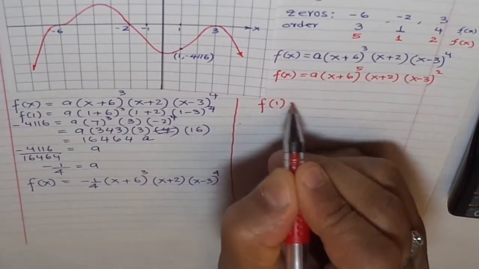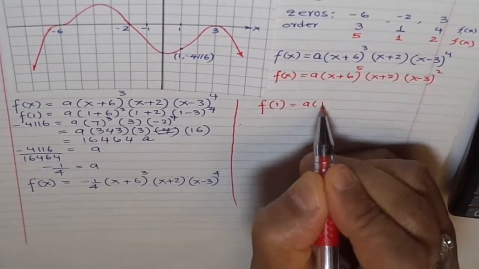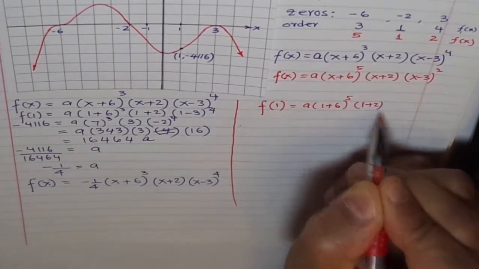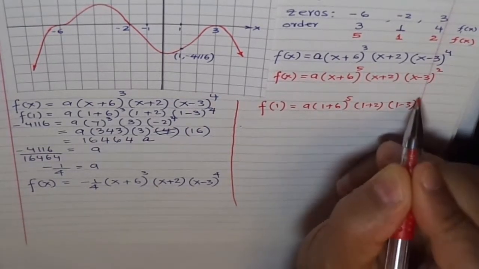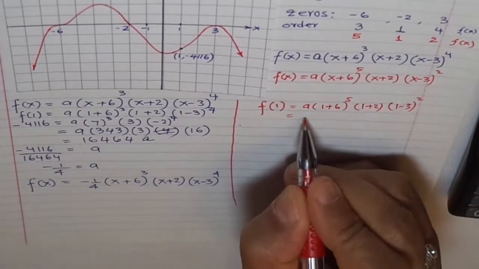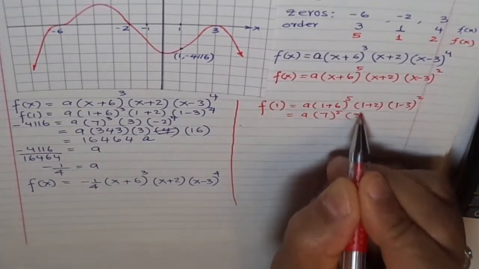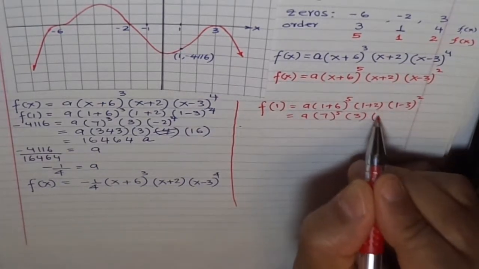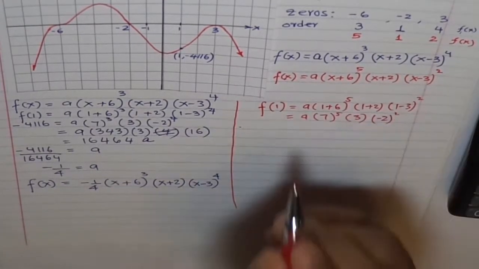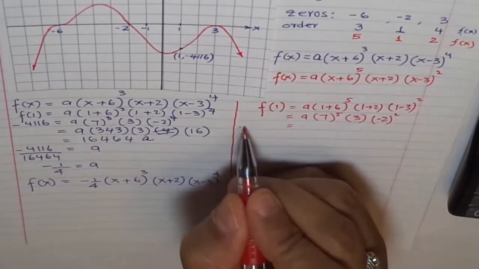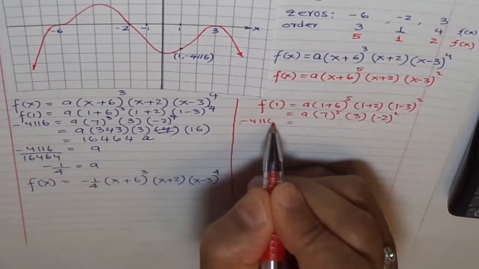So f of 1 equals A times (1 plus 6) to the power of 5, times (1 plus 2), times (1 minus 3) to the power of 2. Here, A, 1 plus 6 is 7 to the power of 5, times 3, times minus 2 squared. So what is f of 1? f of 1 is minus 4116.